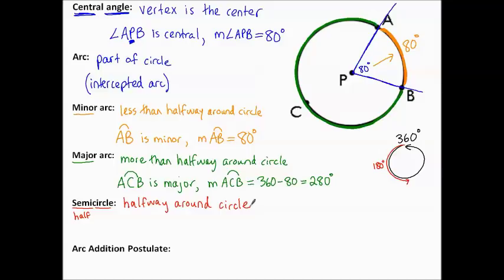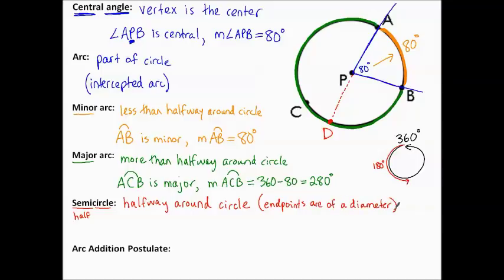Now I don't have a picture here to show halfway, so I'm going to take this radius and extend it to create a diameter. I'm going to call this point D. So halfway around the circle, I need to know the endpoints of a diameter. So let's write that we need the endpoints of a diameter of the circle.